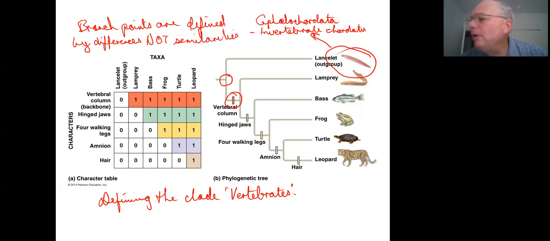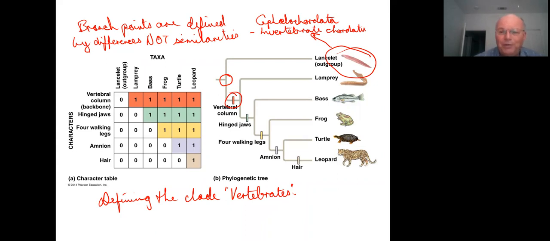And this is an important observation because in taxonomy, branch points represent similarities. Remember, the whole point of drawing taxonomic trees in the past has been to establish shared common features as a product of shared common ancestry. That's what taxonomic trees were all about.